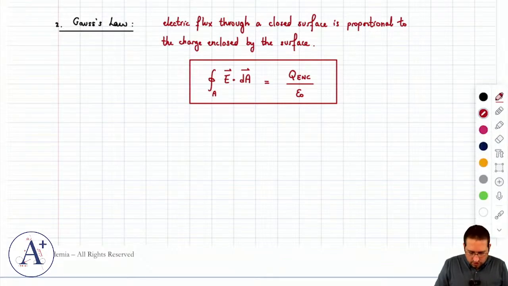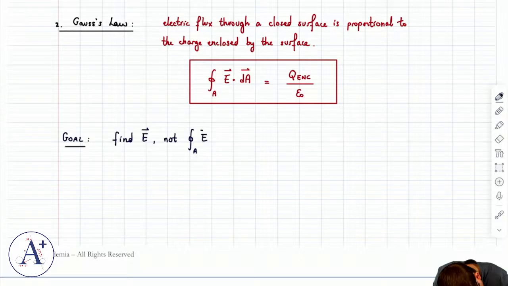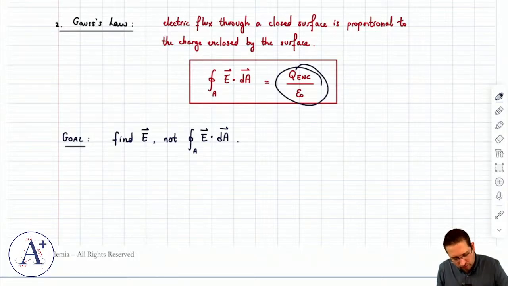Now, the goal is to find E, not the flux. It turns out I need to know the flux to find E, but finding flux with Gauss's law is quite straightforward. I would just have to account for the amount of charge enclosed and divide it by epsilon naught.